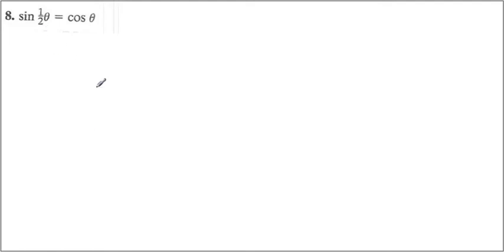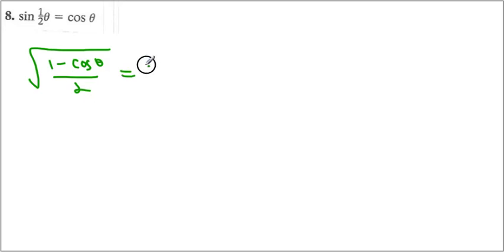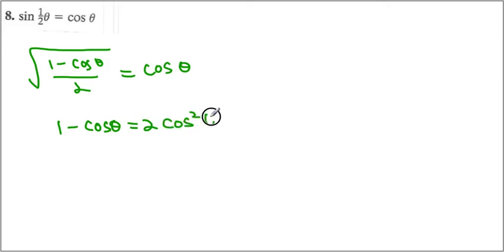Here, sine of half theta is equal to square root of 1 minus cosine theta over 2, which is equal to cosine theta. What we can do is we can square both sides and then multiply by 2. Then we get 1 minus cosine theta will be equal to 2 cosine squared theta. Bring everything onto one side.